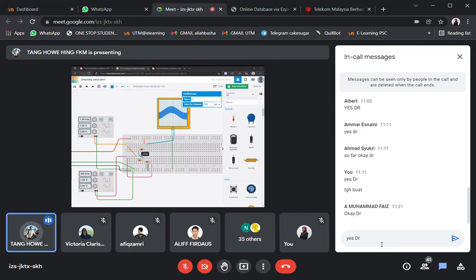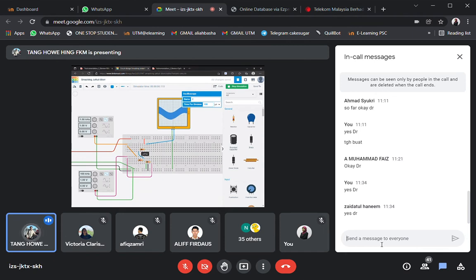Okay, so what I've done so far is just use this summing amplifier to sum two signals, two sine waves together. One is 100 kilohertz and one is 1 kilohertz. So I summed these two sine waves. Okay, so now I'm going to get a low pass filter.